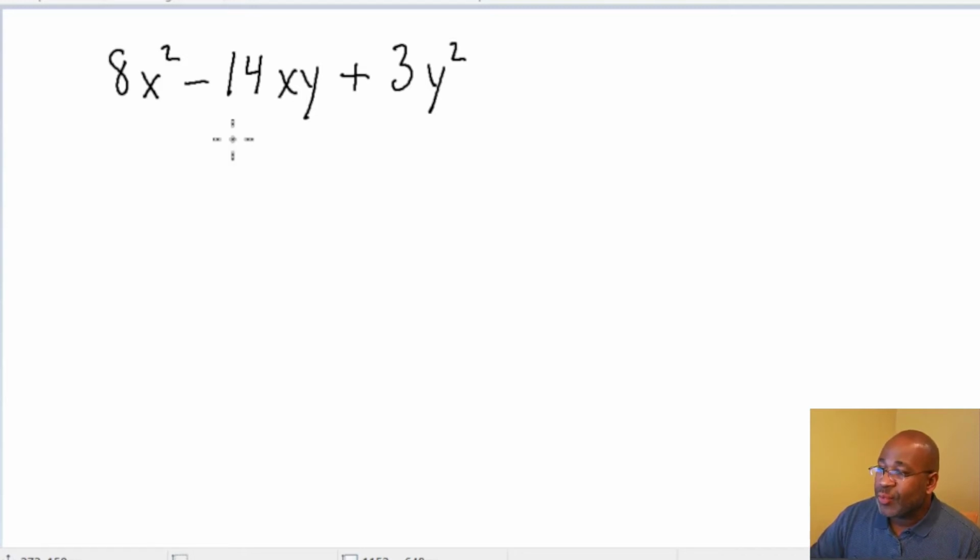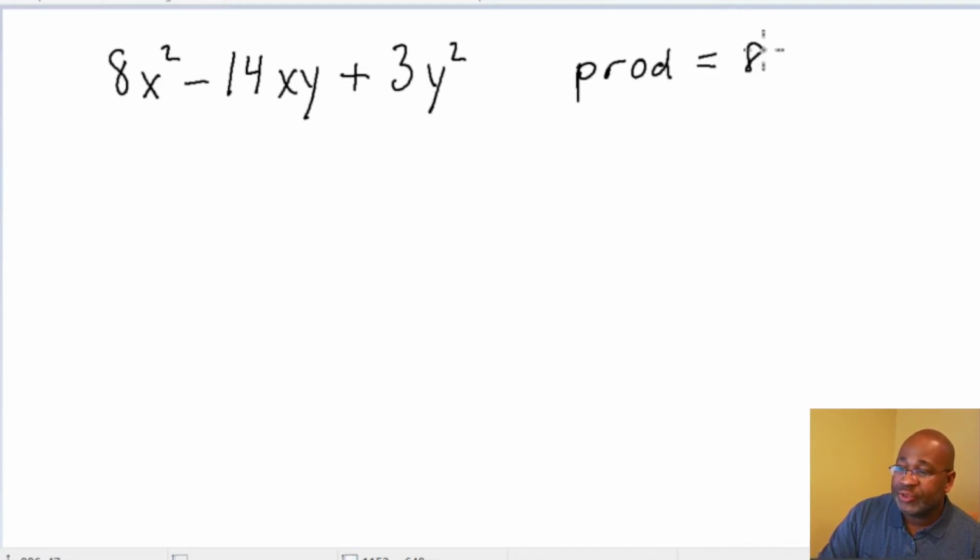So with this example, we have 8x squared minus 14xy plus 3y squared. In this case, we want two numbers whose product is going to be equal to 8 times 3, which is equal to 24, and whose sum is equal to the middle coefficient, negative 14.